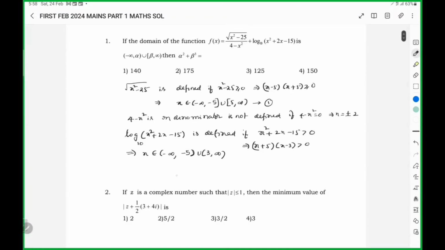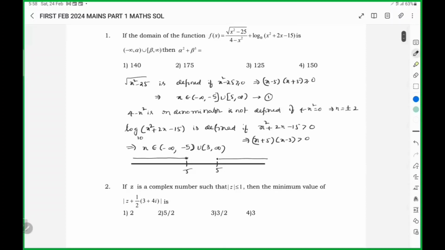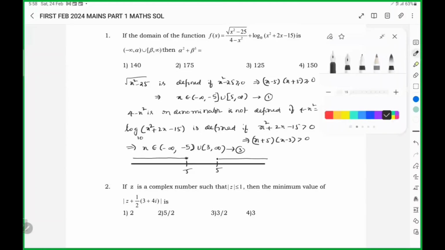So here let us take the intersection. First one, it is minus 5. First one lies in this region. And this is the third one. Here we have minus infinity to minus 5, open interval.